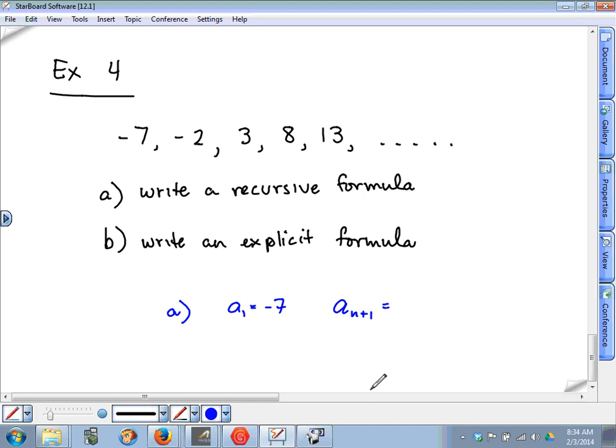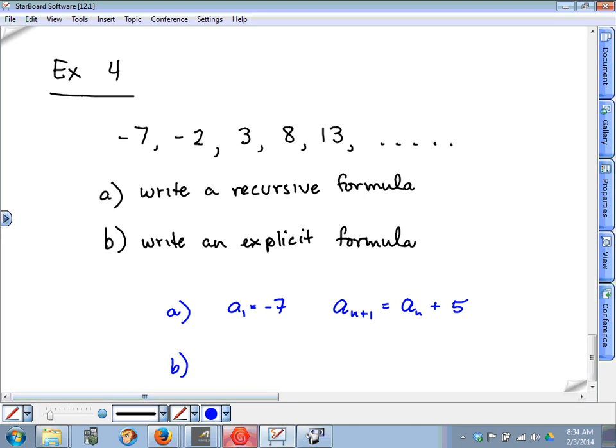How do we get that next term? A sub n plus 5. A sub n, which is the current term, plus 5. That's the pattern, right? You add 5 to get to each term of the sequence. So this would be considered a recursive formula. You know where to start, and you know how to get to the next term.